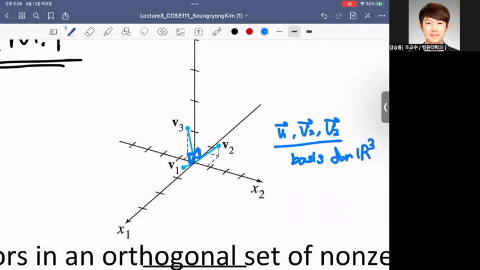R3다. What does it mean? Any vector in R3 space, let's say Y, can be uniquely represented by these V1, V2, and V3.